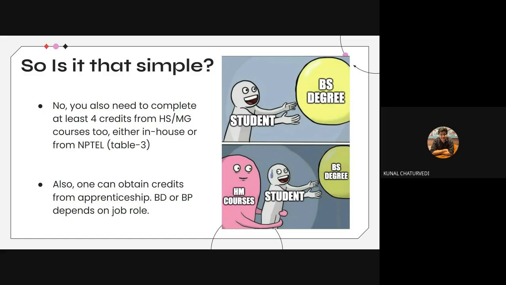If you secure an apprenticeship and IIT-M approves that, there is a whole system where a reporting manager sends your reports from the company to IIT-M. For X number of months, you get some 4 credits. For some other 8 month apprenticeship, you get a higher number of credits, and there's a whole different section for discussion for apprenticeships as well.